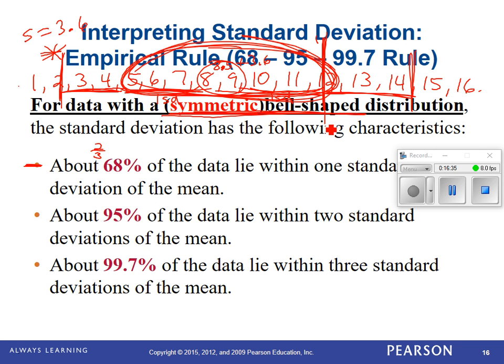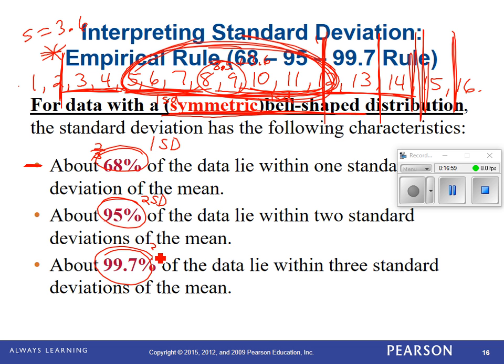Then we add another 3.6, that's where the second one's going to fall. Then we add another 3.6, that's where the third one's going to fall. So on and so on. It's going to make more sense here in a second when I put up the next slide. But the rule is 68, 95, 99.7: 1 standard deviation, 2 standard deviations, 3 standard deviations.